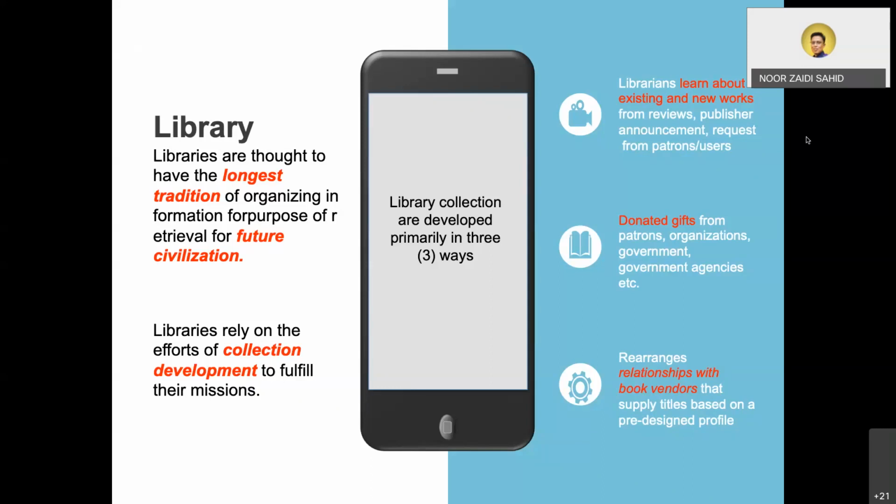Jadi daripada maklumat ni, library akan set up or develop their collection. Publisher announcement is part of marketing strategy. Dia promotion material, for example, from book catalogs, maybe from email templates, or any marketing tools.